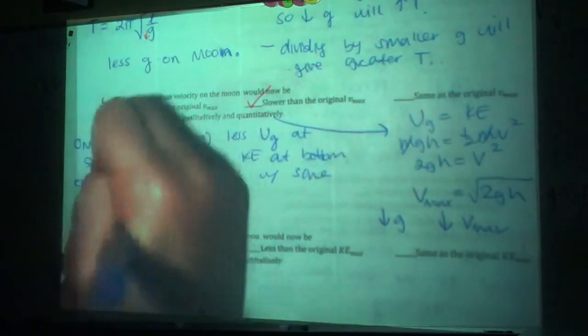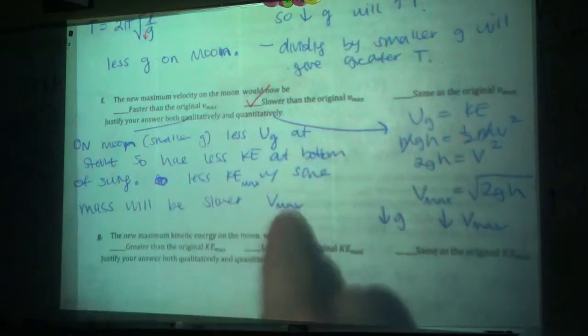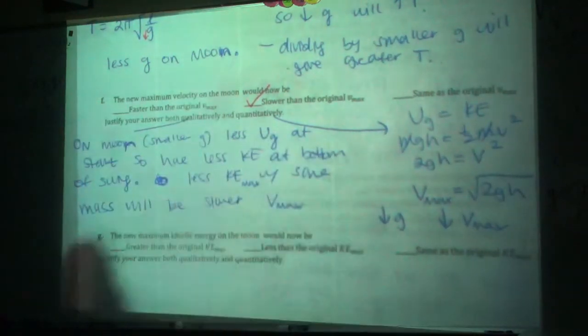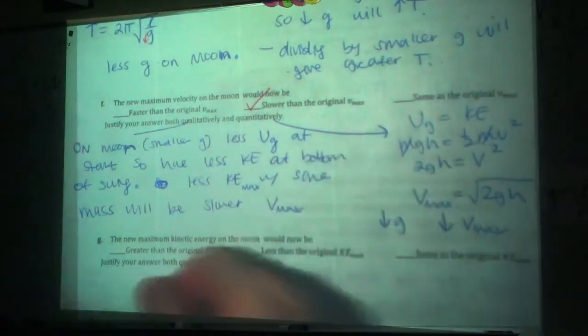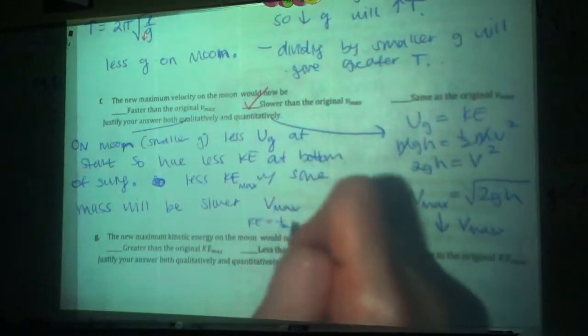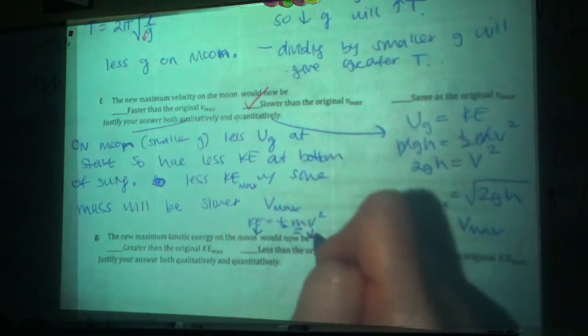So less KE with the same mass will be a slower Vmax. The reason I said with the same mass is you can have less kinetic energy but the same speed if the mass decreased. But the mass stayed the same, so in this equation, 1/2 mv squared, if KE decreased but the mass stayed the same, the velocity had to decrease.